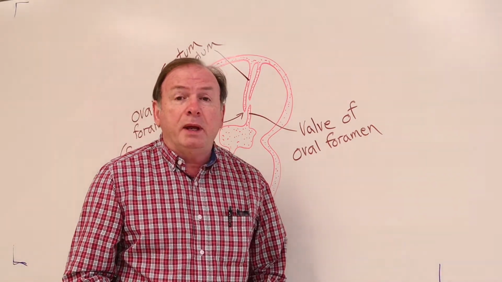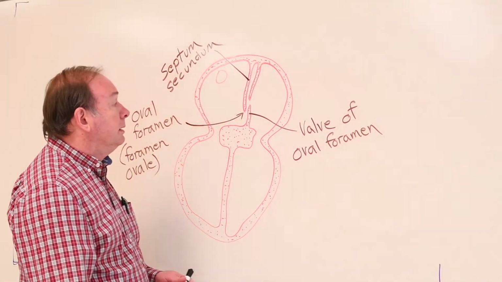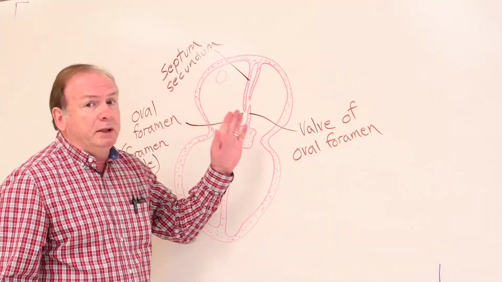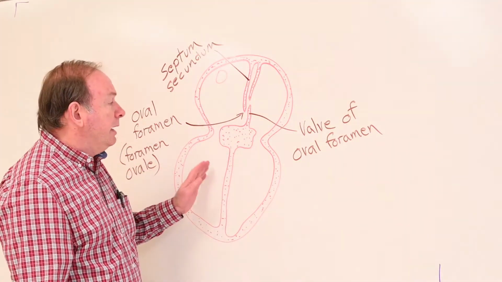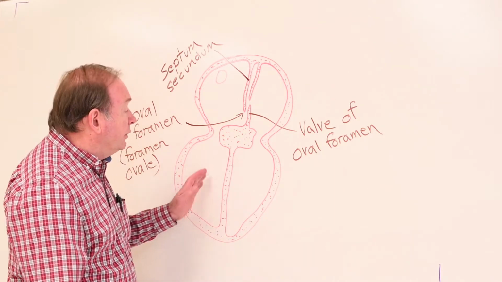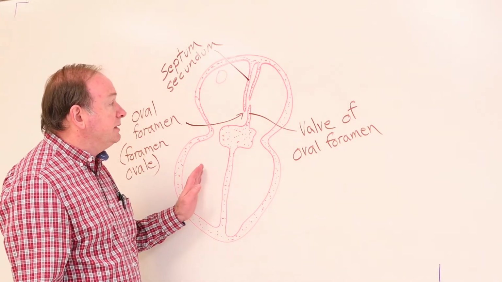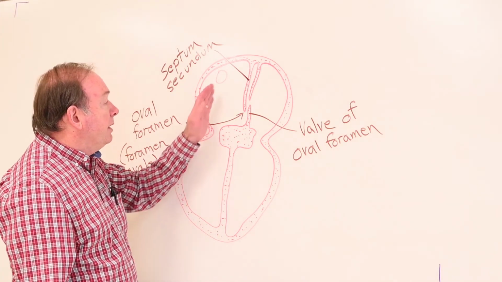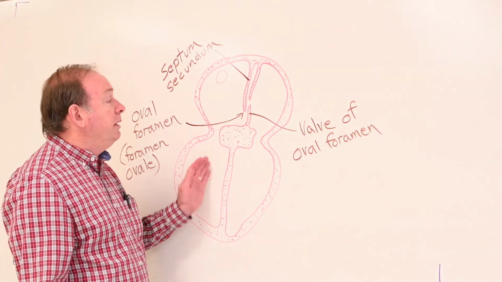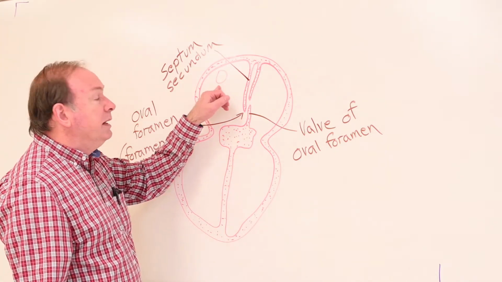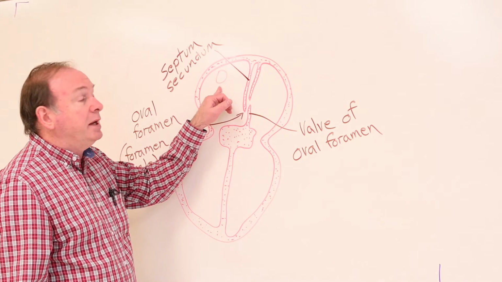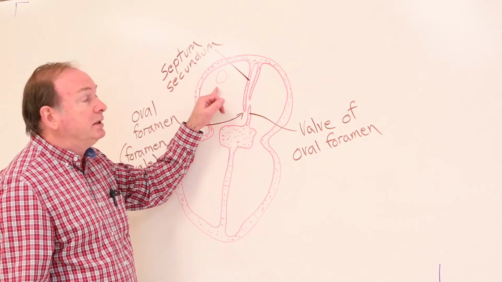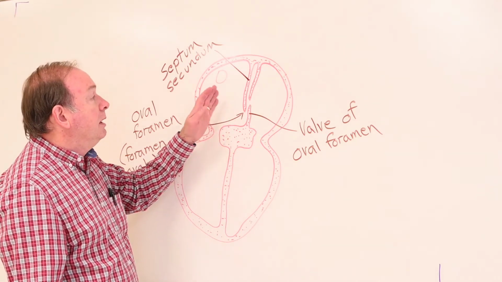Okay, finally we have our almost completely divided heart into left and right sides. Our ventricular chambers are completely separated. This would be the right side heart over here. This is the left side of the heart over here. This is where the sinus venosus enters on the right atrial chamber here.